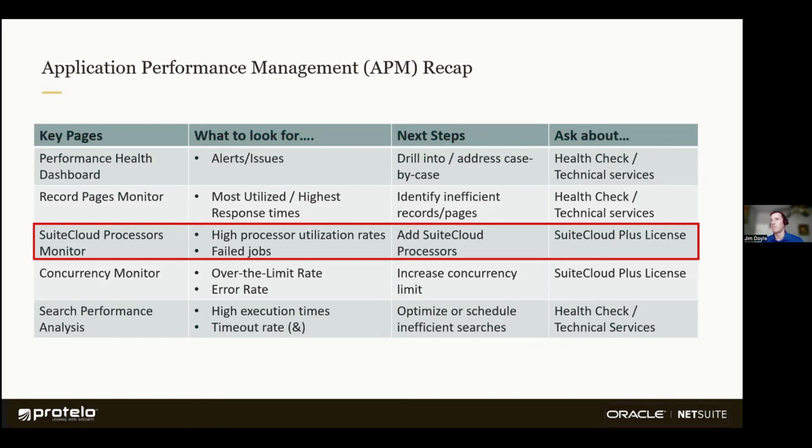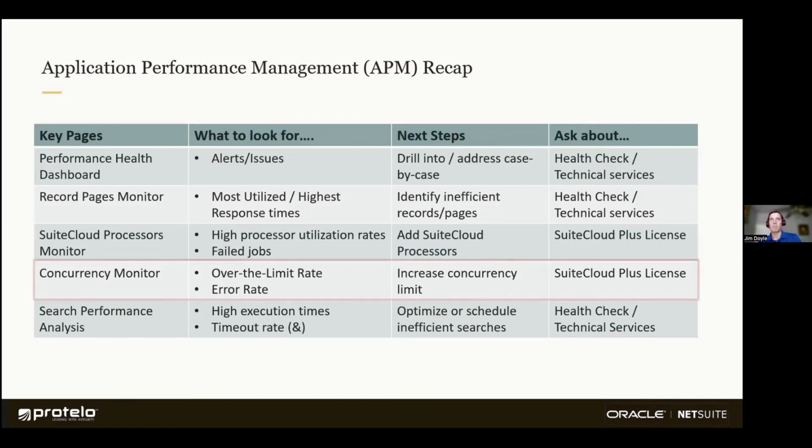This one's an easier fix, because if you do just need more processors, then we can do a SuiteCloud Plus license, which is just going to increase the number of SuiteCloud processors in your account, which is similar to the next page that we went to, that concurrency monitor.